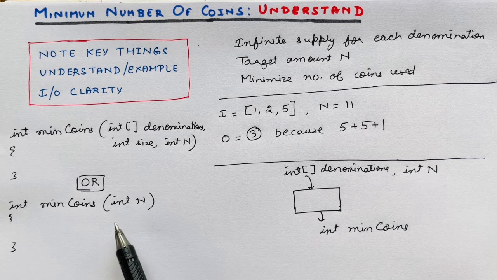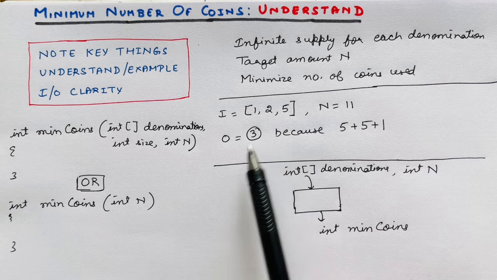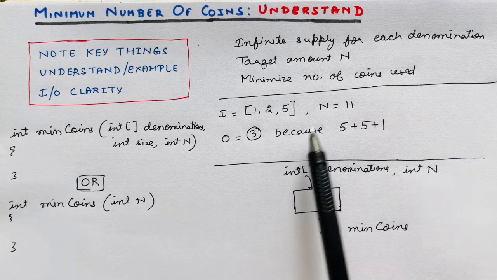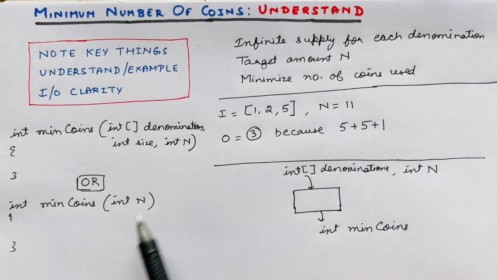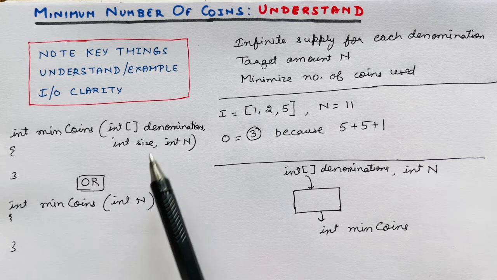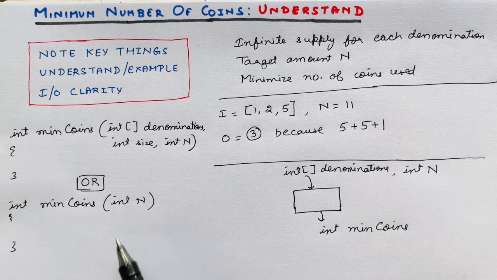But in the second case, the denominations array is not part of the input. This may happen when the question tells us that denominations are fixed, and with every run of the program only the n input will be modified. Denominations won't be modified with every input. But in either case, both of these will have similar solution approaches, so it won't matter much.